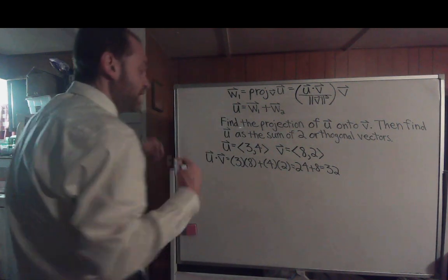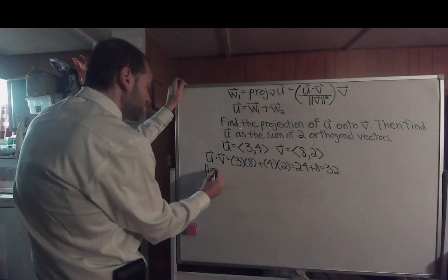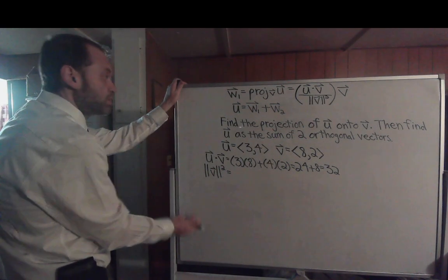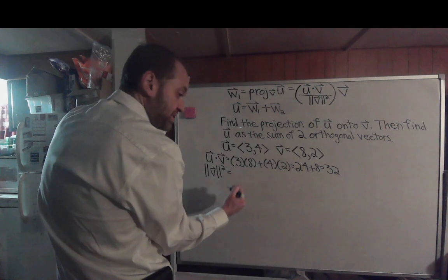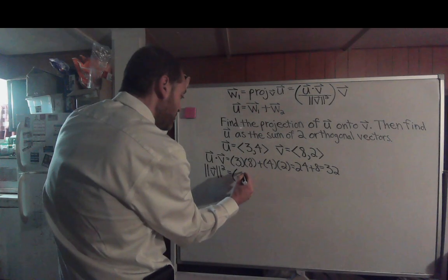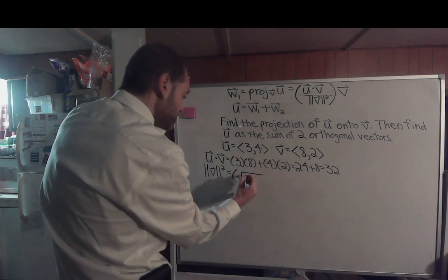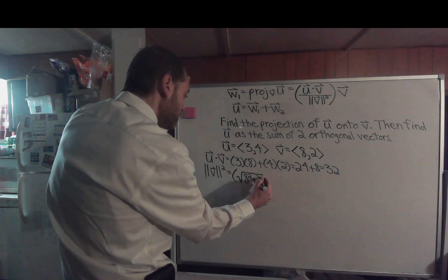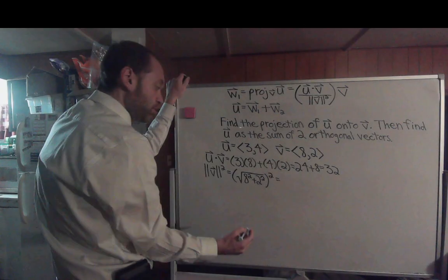Now we need to find the magnitude of v, and then we need to square it. Let's use the classic formula from the first lesson for finding a magnitude. That's going to be the square root of the components of vector v, which in this case would be the square root of 8 squared plus 2 squared, all raised to the second power.